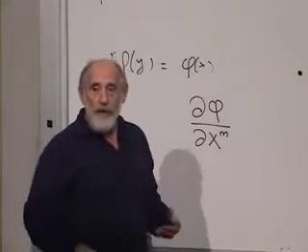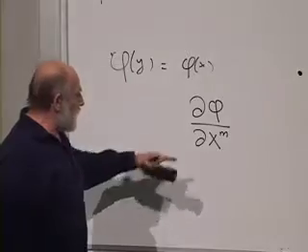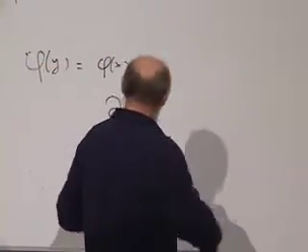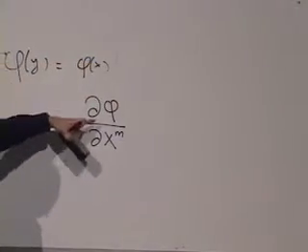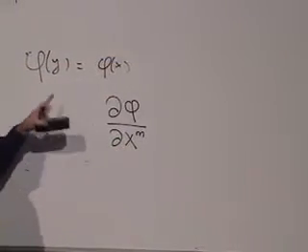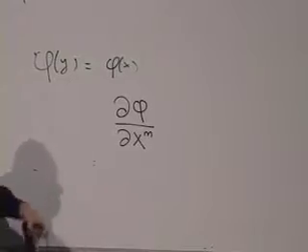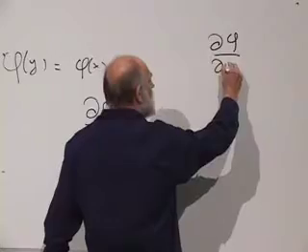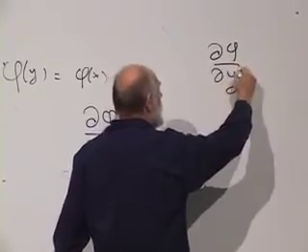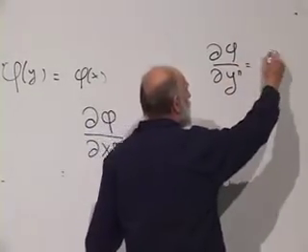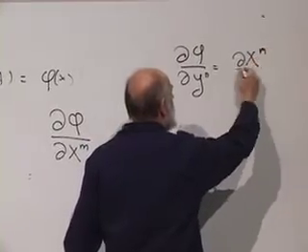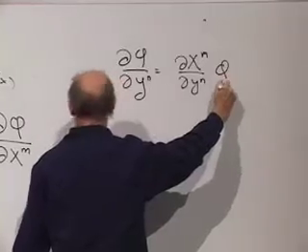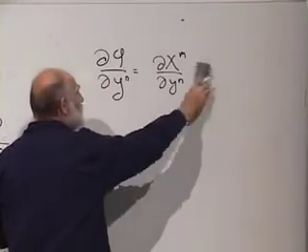But let's just see, why is it true that, mathematically it's straightforward, the fact that if d phi by dx is equal to 0, then d phi by dy is equal to 0. Mathematically, it's just that d phi by dy n is equal to dx m by dy n times the derivative of phi with respect to x m.